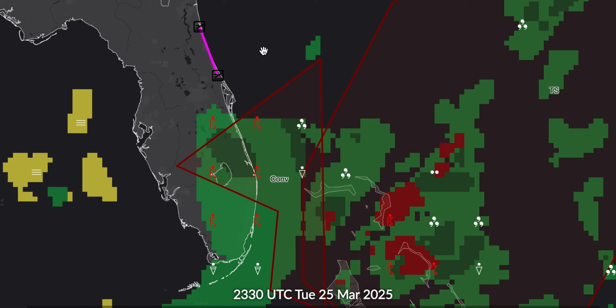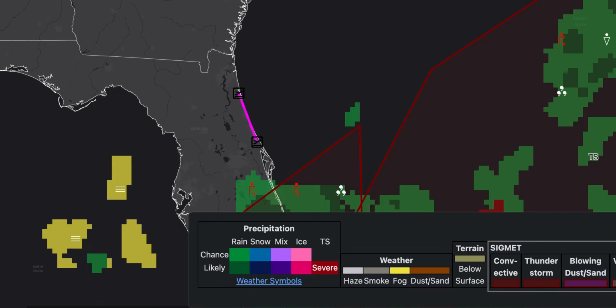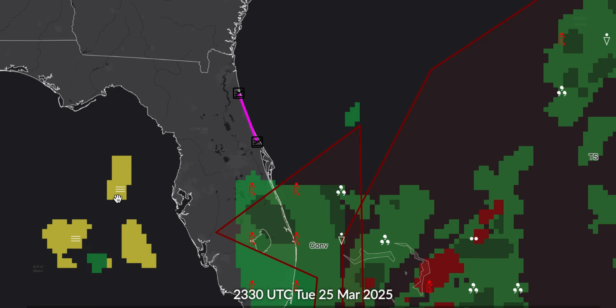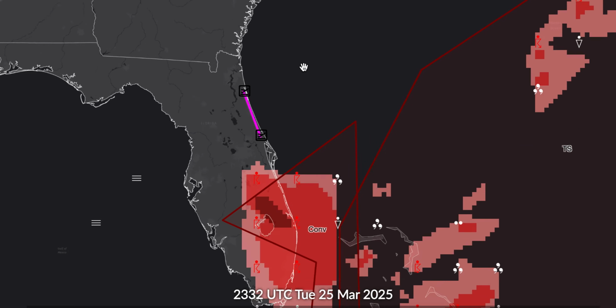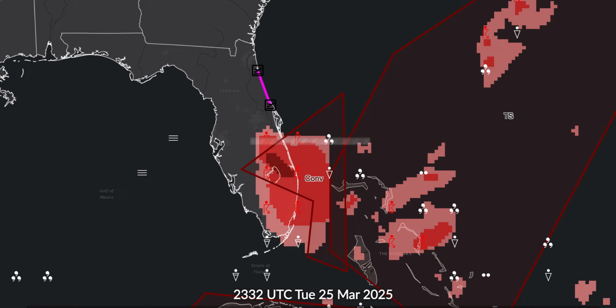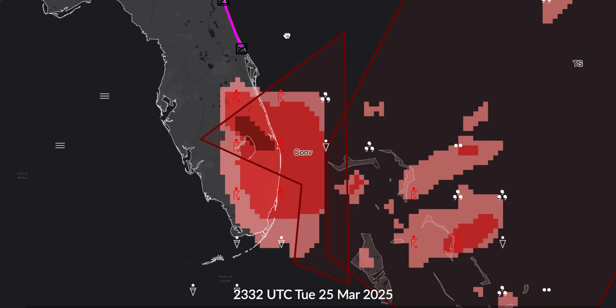Just because red is bad. We can also see, I believe this is also some fog. Yep, so fog here, that's what these little equal signs mean. Okay, thunderstorms, again, we pretty much have been looking at this the whole time. We're going to expect thunderstorm activity south of our flight plan, but none here.